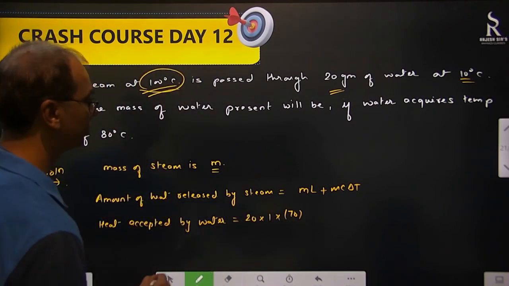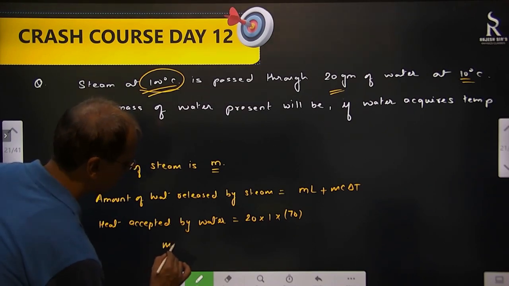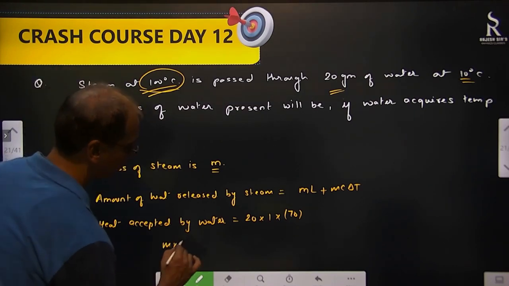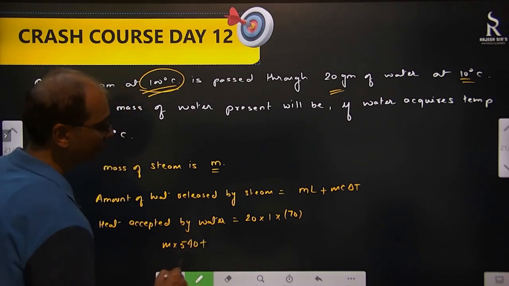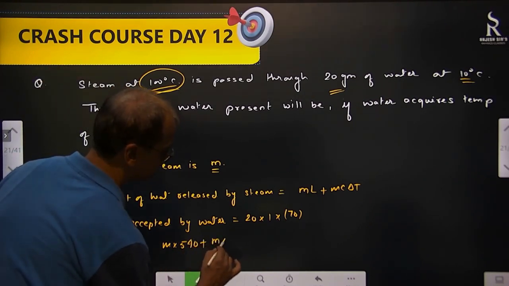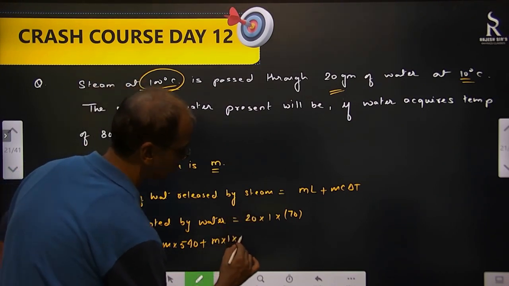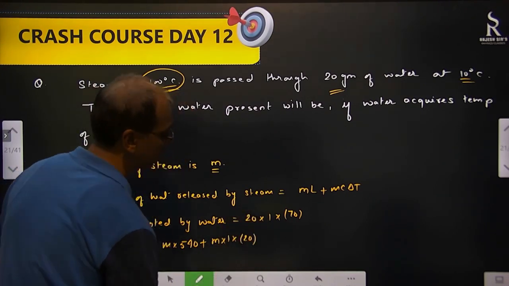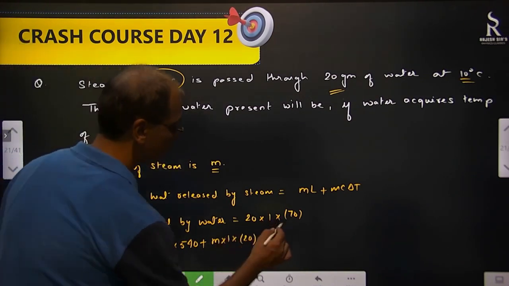Okay, so let's see. M we have to find here, so M is here. Latent heat is 540 calorie per gram, we all know, plus M. Now it's converted into water, so specific heat is 1 and change in temperature here is 20, 100 to 80. Okay, that's equal to what? This is 1400.